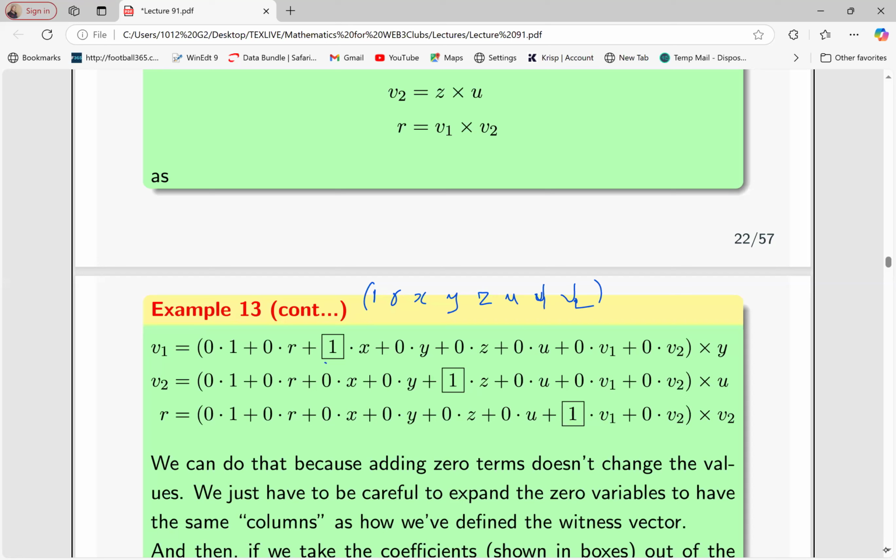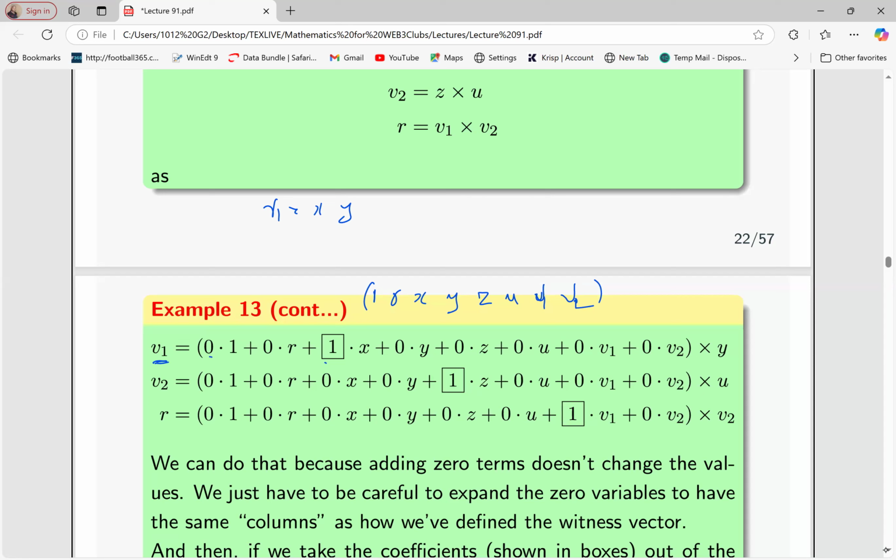Now, what is V1? Our V1 was just X times Y, so anything else that is not X and Y. For instance, how do you write this in terms of X and Y?